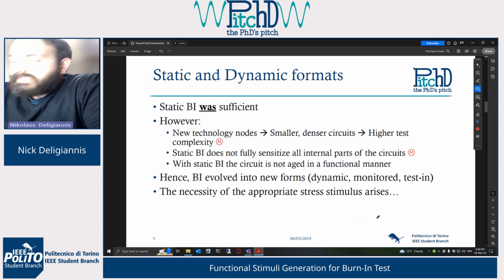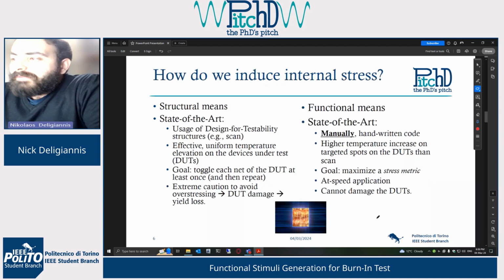So it is not aging in a functional manner, so to speak. And so the burn-in test evolved into new forms like the dynamic burn-in, the monitored, testing burn-in, where a common thing on all of these procedures is that we need the appropriate stress-inducing stimulus to stress the device in an internal manner. Now, this is a problem.